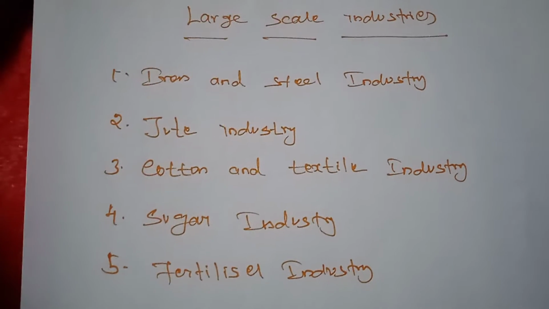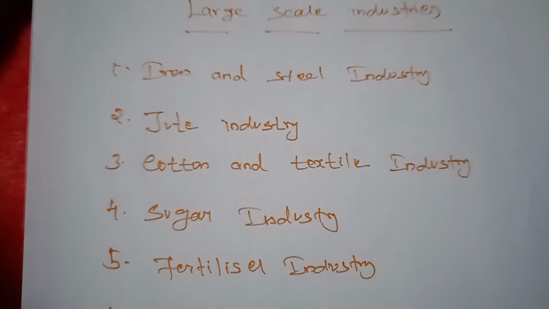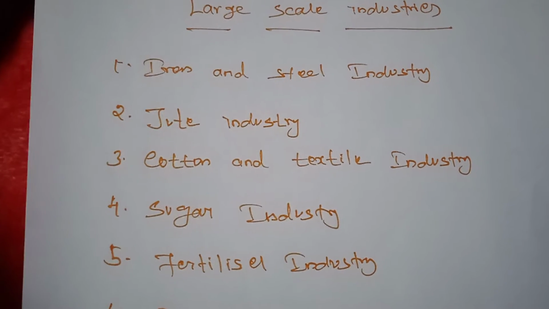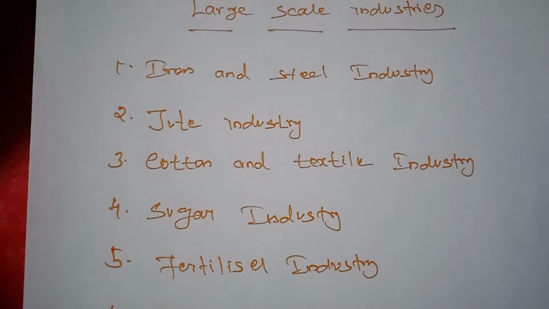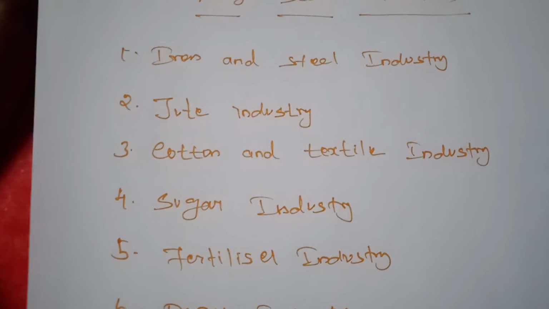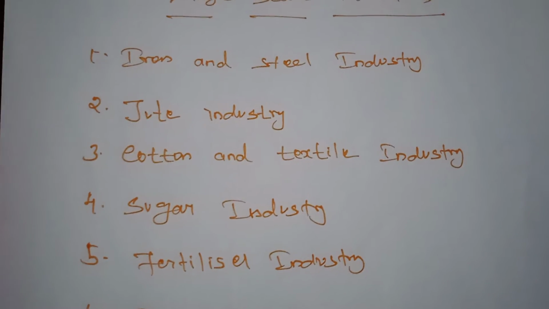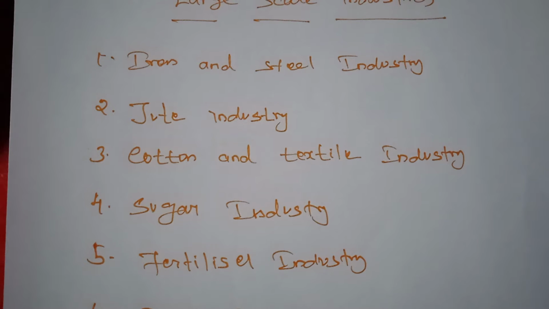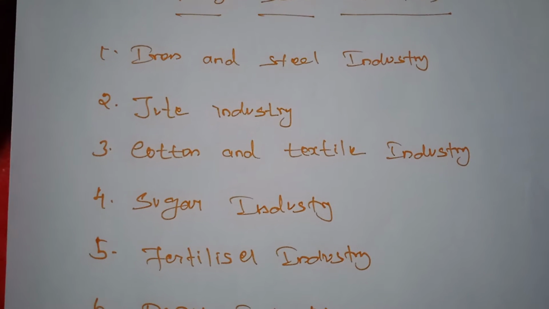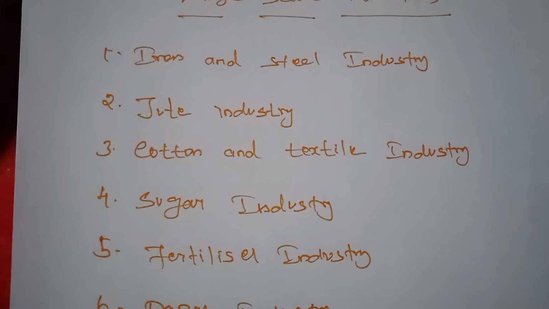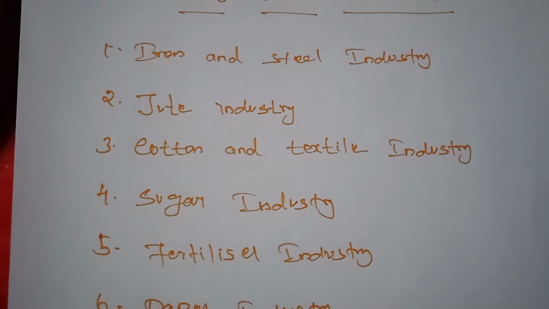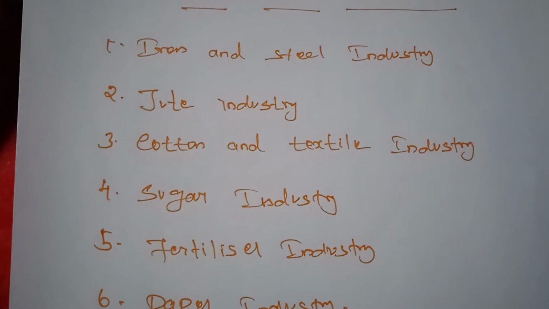The first public sector unit was Visvesvaraya Iron and Steel Works at Bhadravati. All these industries are managed by SAIL, the Steel Authority of India Limited. The Steel Authority of India Limited was established in 1974.